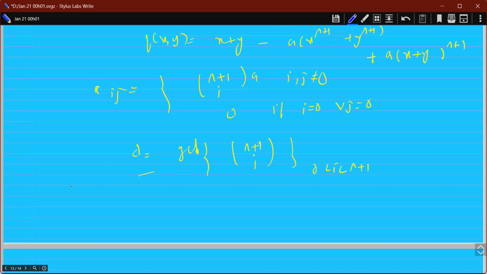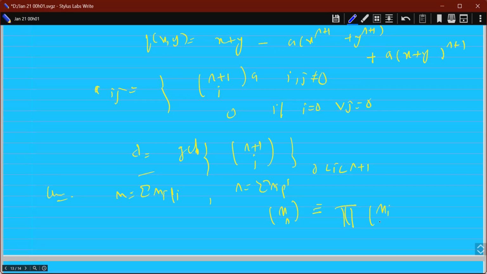Now, okay. So a combinatorial result that is useful. So P is a prime, right? And suppose you have these P-based expansions of RM and M. So then you have P. Okay.